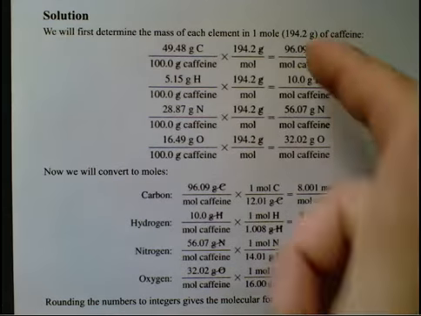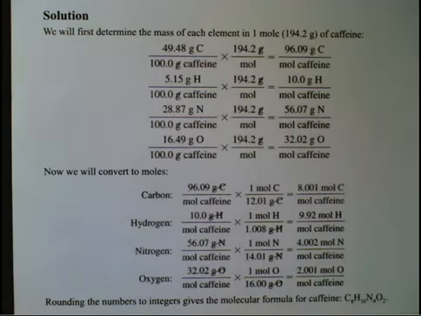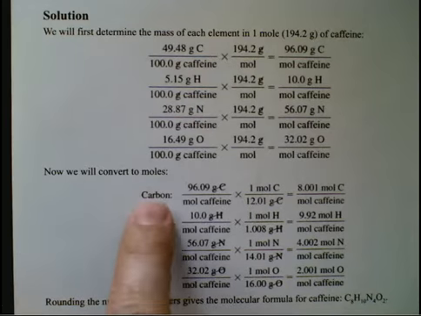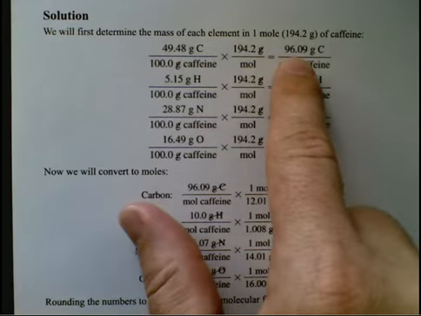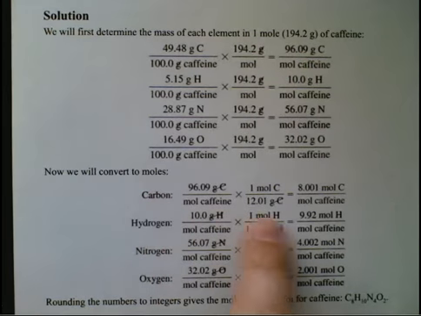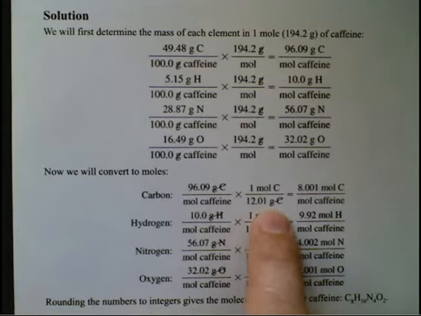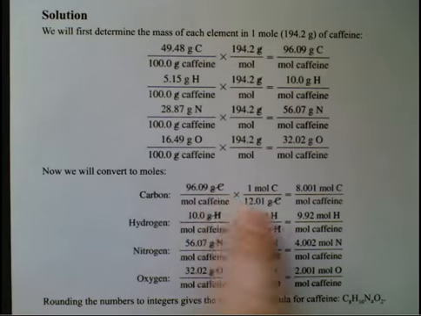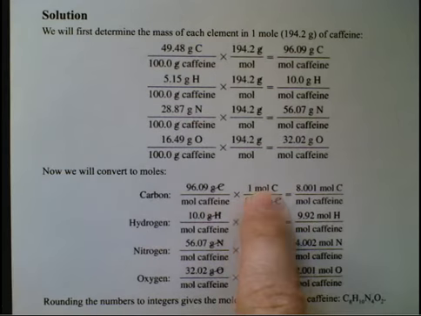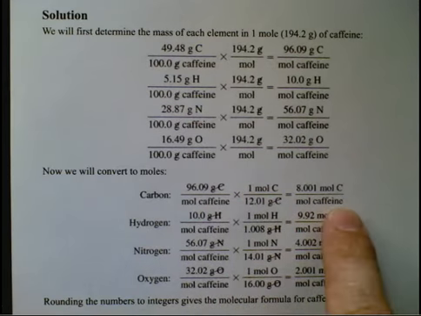And we're going to take each of these values and do another conversion. It's simply going to be the molar mass of each of those elements. So for carbon, we generated 96.09 grams carbon per mole of caffeine. We're going to take that and use a conversion factor of the molar mass of carbon. Notice that the grams of carbon cancel right here, and so our units are going to be moles of carbon per mole of caffeine.